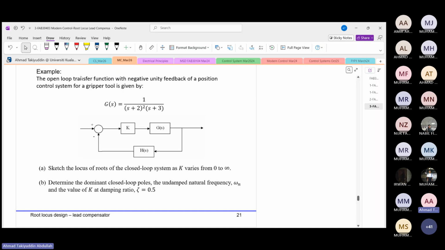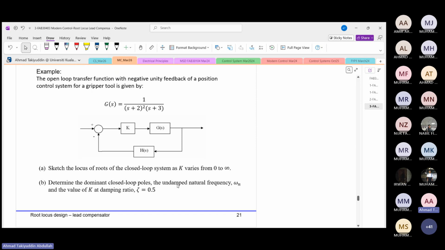The open loop transfer function with negative unity feedback of a position control system for a gripper tool is given by 1/((s + 2)^2 (s + 3)). First things first, you need to sketch the root locus with K between 0 and infinity. Then we are going to determine the dominant closed loop poles.